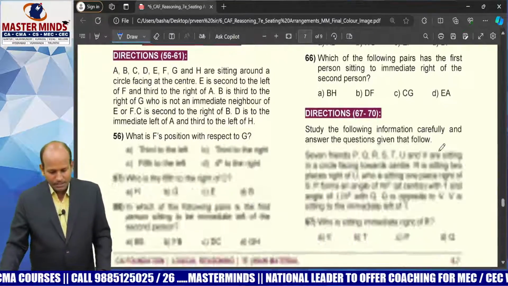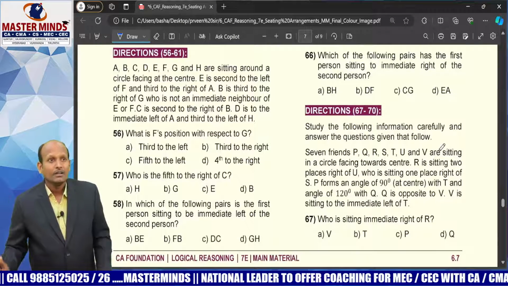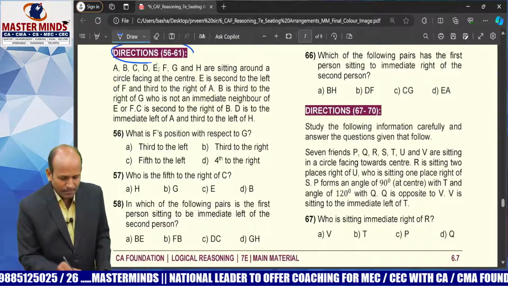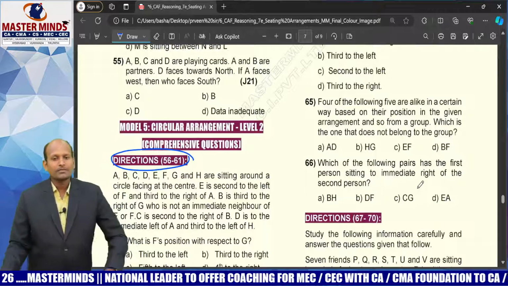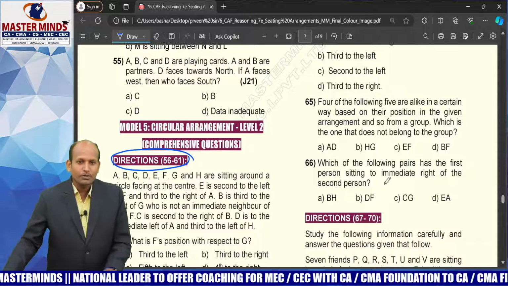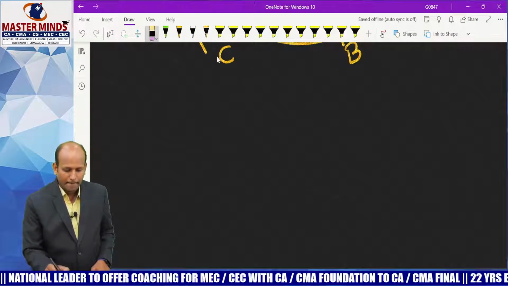Okay. So next, this is an explanation for circular sitting arrangement. So let me go for another example of circular sitting arrangement. It is a high level question, like a comprehensive based circular arrangement or level 2 questions. So let me answer some questions on this also.